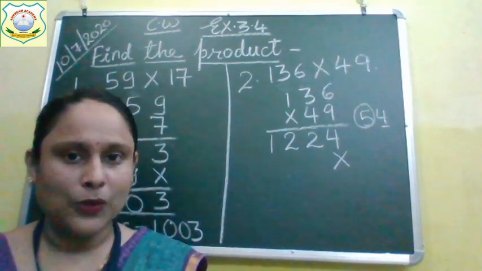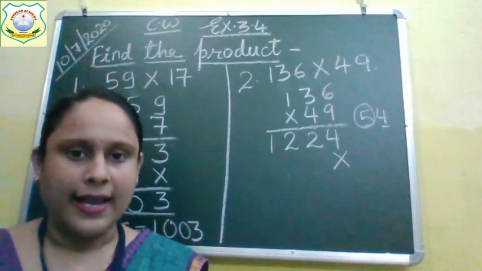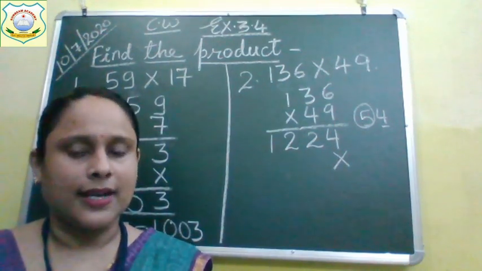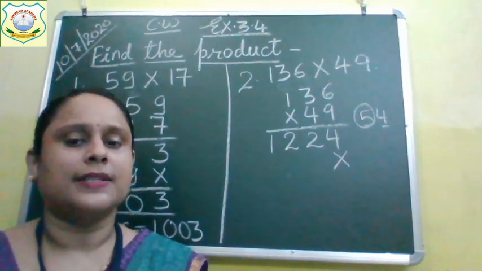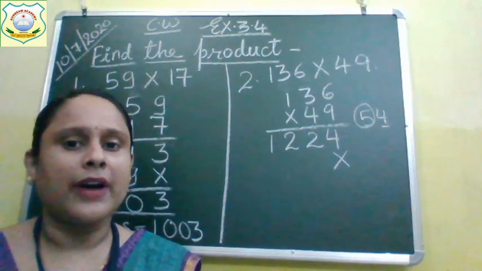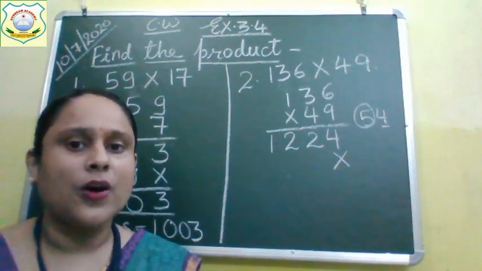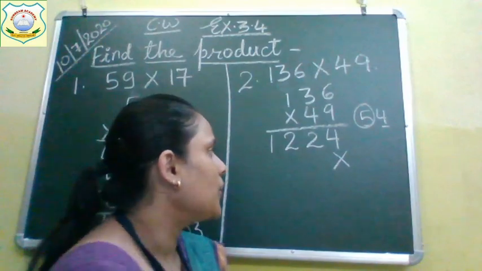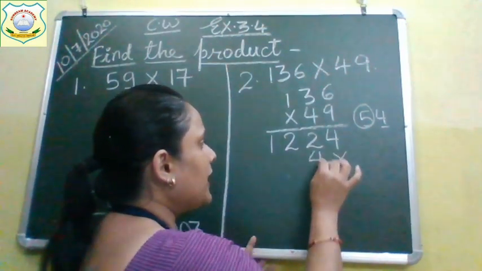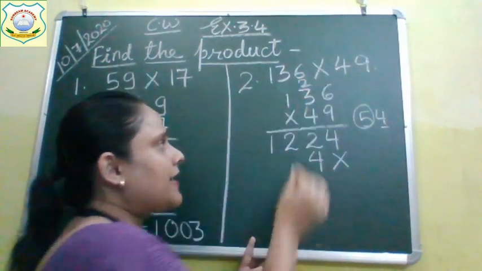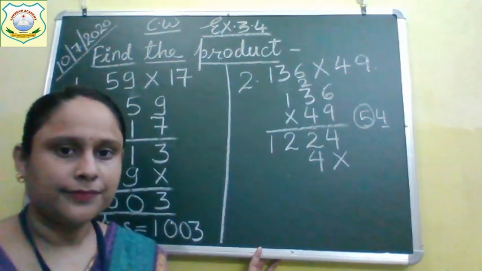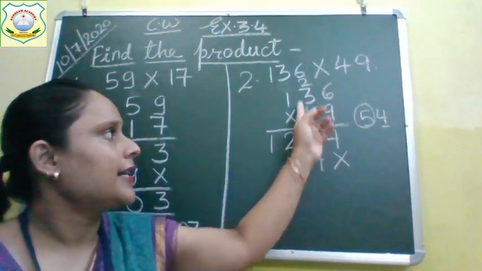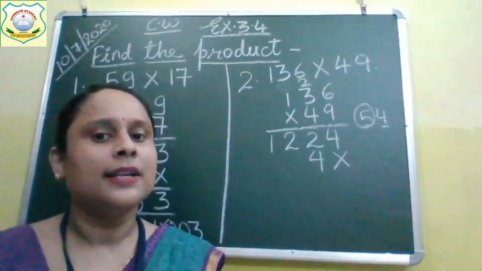4 ones are 4. 4 twos are 8. 4 threes are 12. 4 fours are 16. 4 fives are 20. 4 sixes are 24. So we will write 4 over here and take 2 as a carry. Okay. Now say the table of 4 how many times? 3 times.